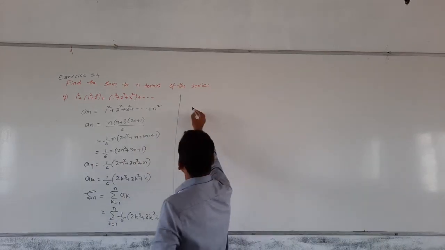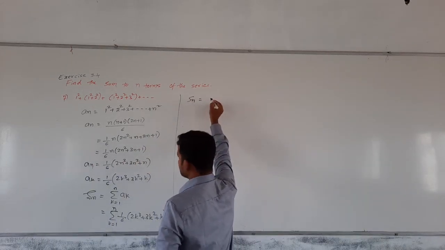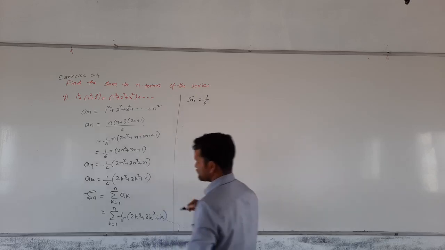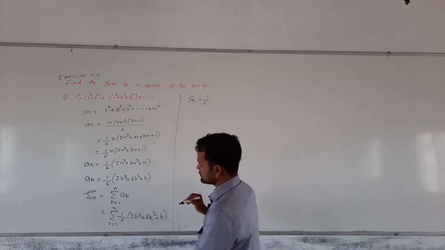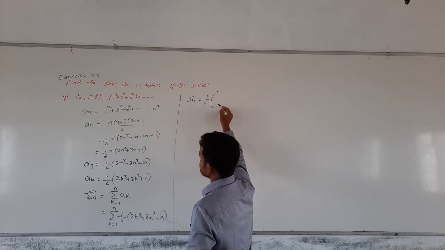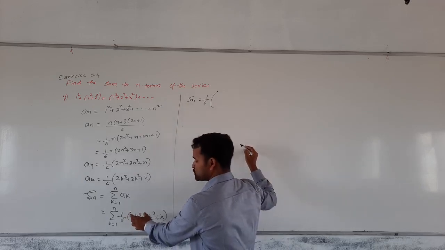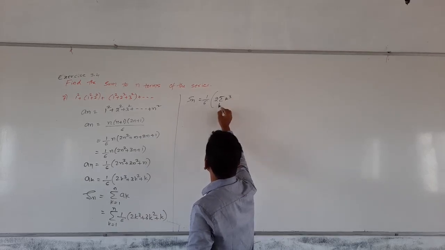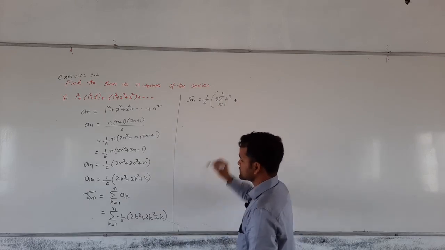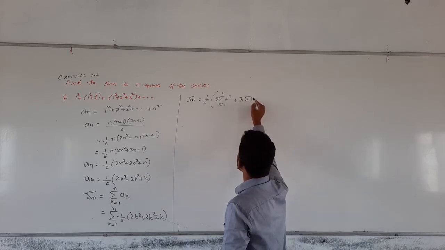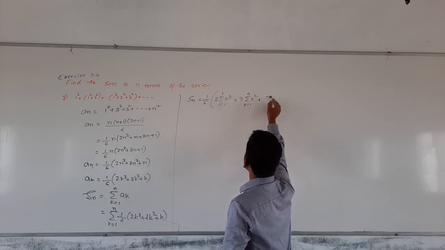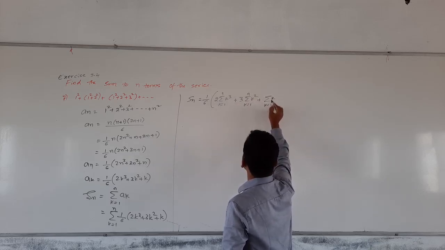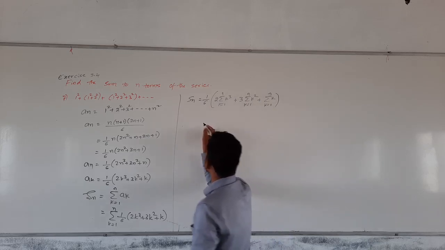Sn is equal to 1 by 6, which is a constant multiple, so I can write it out of the summation. 1 by 6 into, first one, summation of 2k cube is nothing but 2 into summation of k cube, where k varies from 1 to n, plus next is 3 into summation of k square, where k varies from 1 to n, plus next summation of k, where k varies from 1 to n.